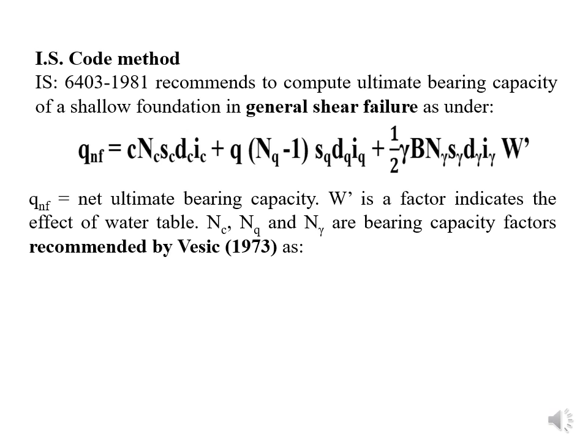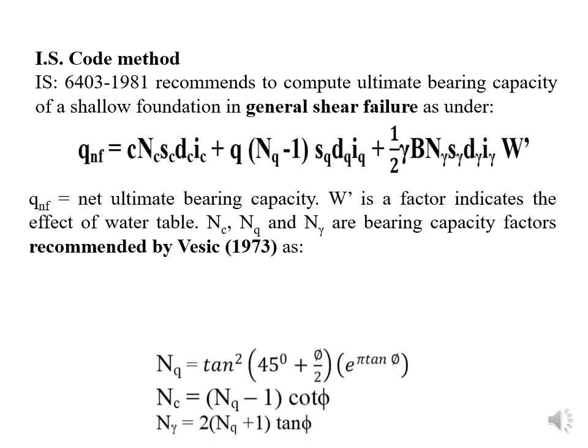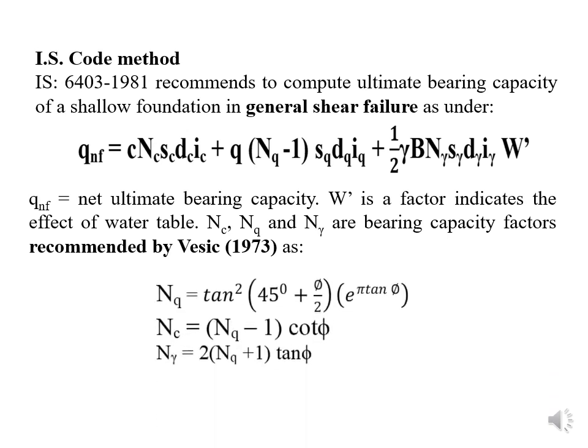But in this case, the values of NC, NQ and N gamma can be calculated using the basic equations. IS code has used the basic bearing capacity factor formulas. NC is equal to, you can see, tan square (45 plus phi by 2) into e to the power pi tan phi, and similarly for NQ and N gamma.